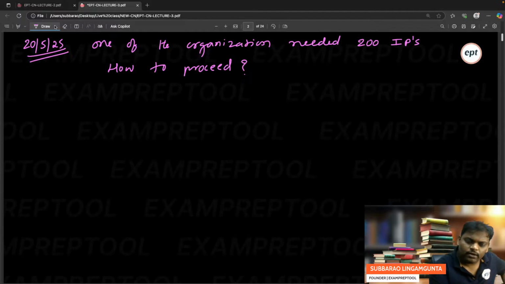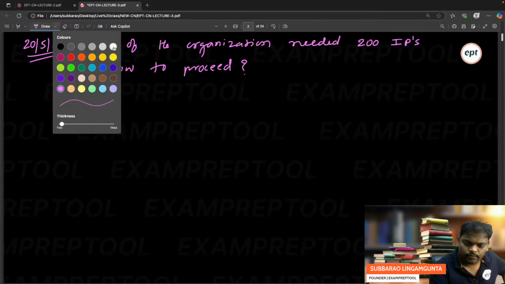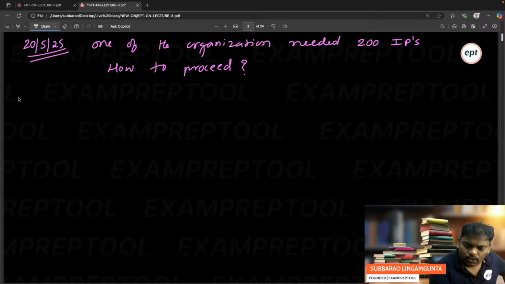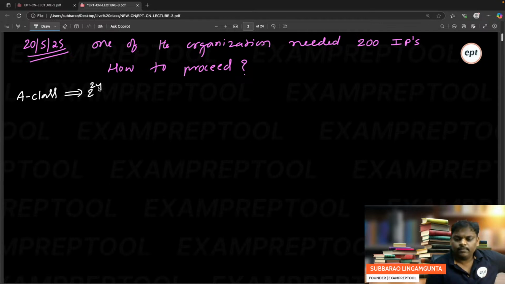One way to solve this problem is A class. If it is A class, the host part gives 2 power 24 IPs approximately.